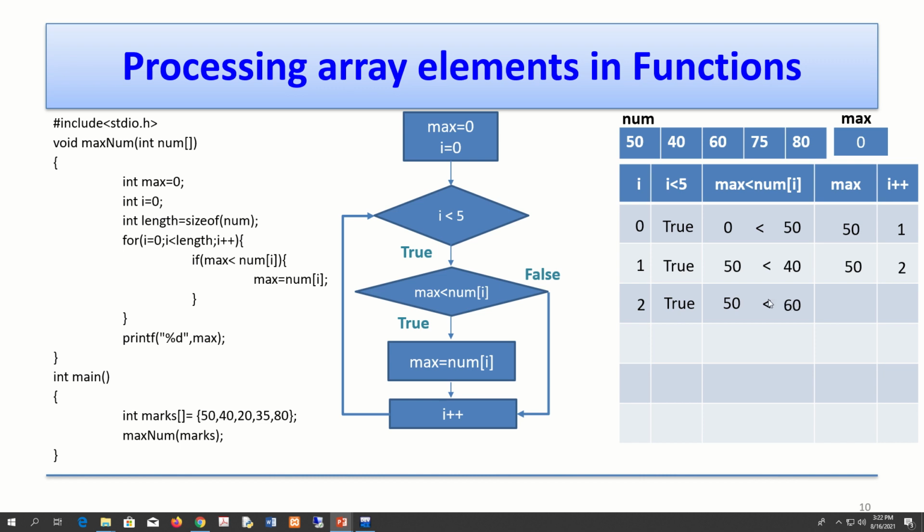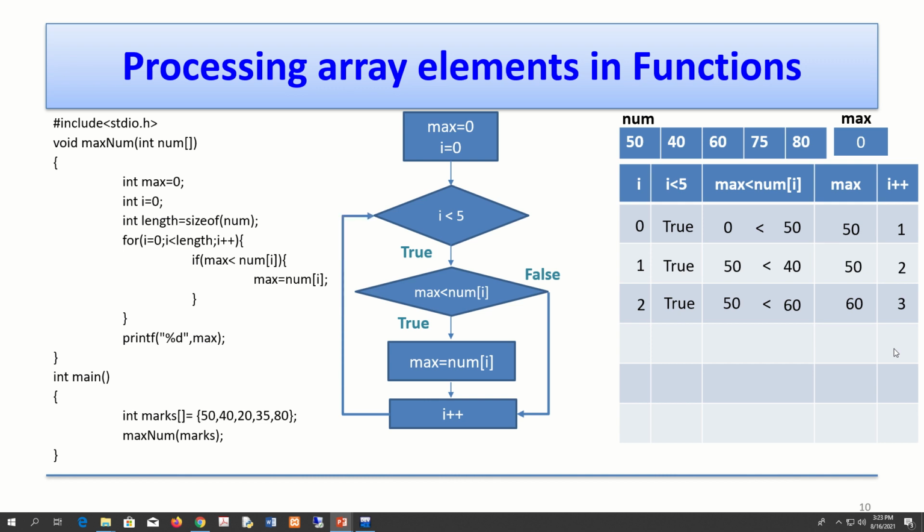The current max is 50, and 50 less than 60 is true. Therefore go inside the if block, and num2 is assigned to the variable max, which is 60.